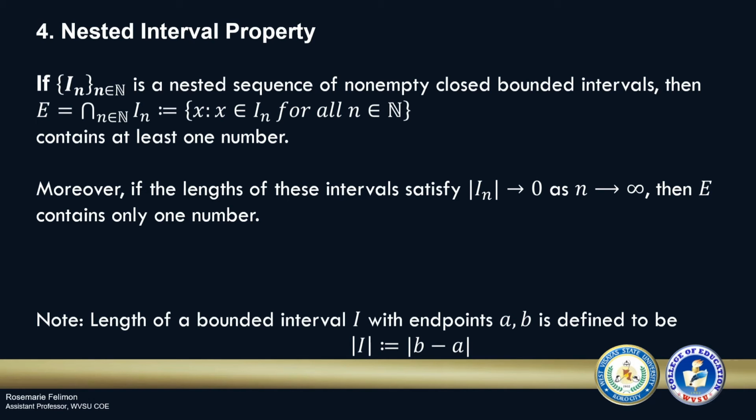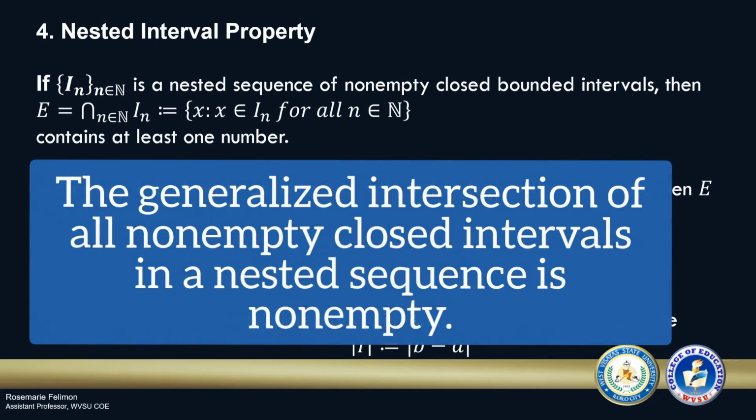This property simply states that the generalized intersection of all the sets in a nested sequence is non-empty.